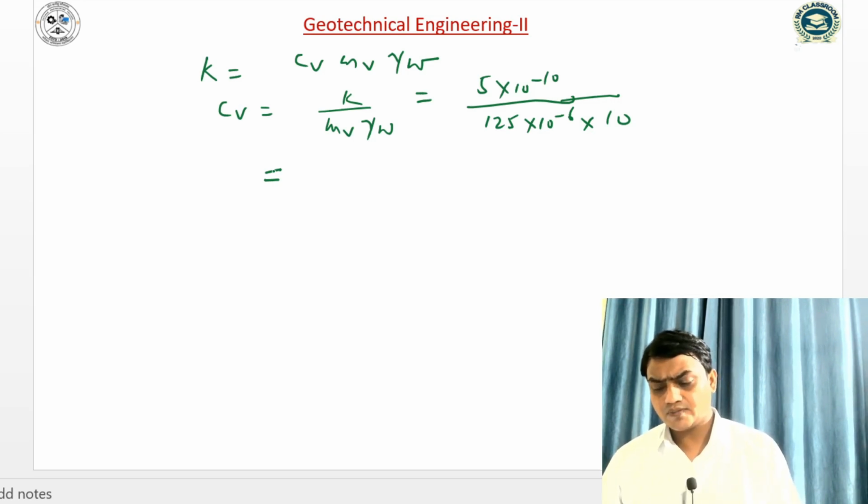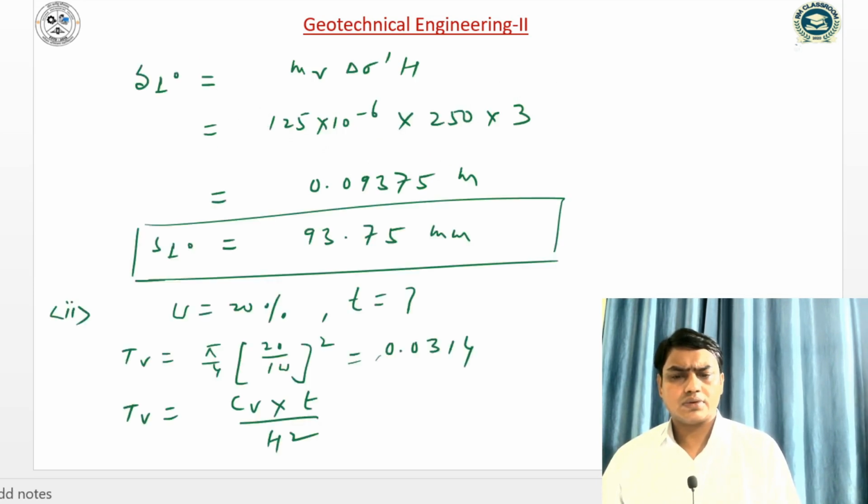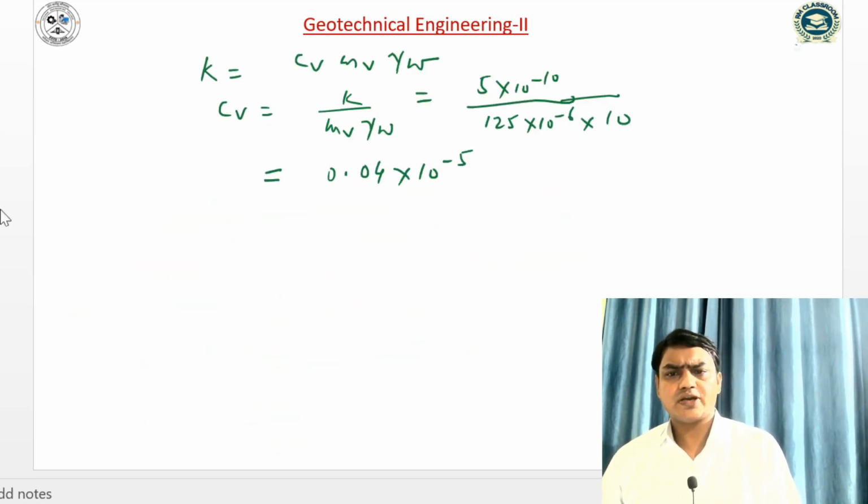So it is coming 0.04 into 10 to the power minus 5 meter square per second, which is the coefficient of consolidation.